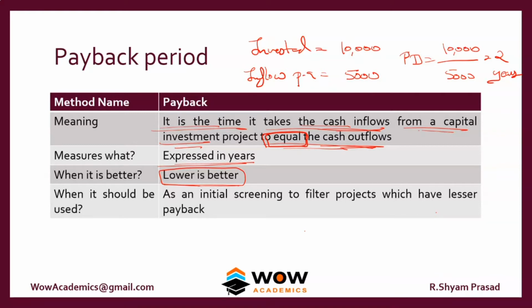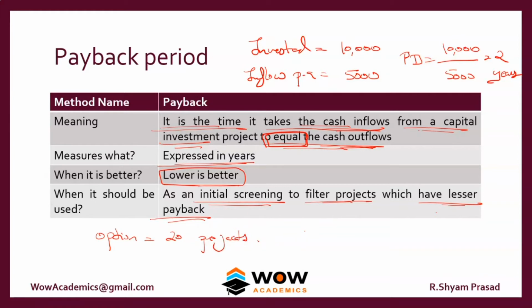So why do we use the payback period? It can be used as an initial screening to filter projects which have a lesser payback period. Assume a company is evaluating which project to invest in, and they have an option of 20 projects. We can't do detailed analysis for all 20 projects.